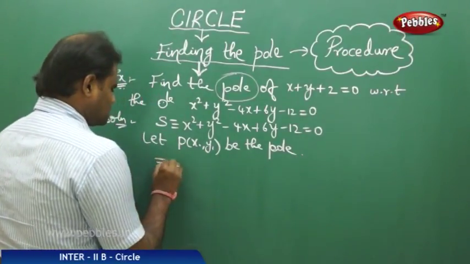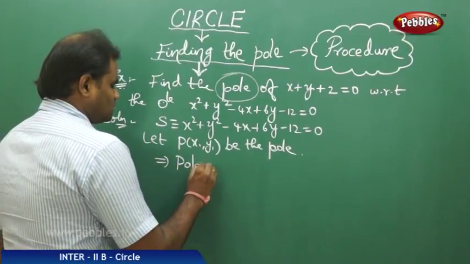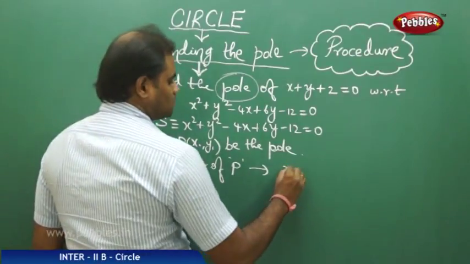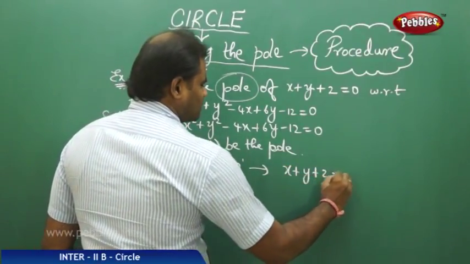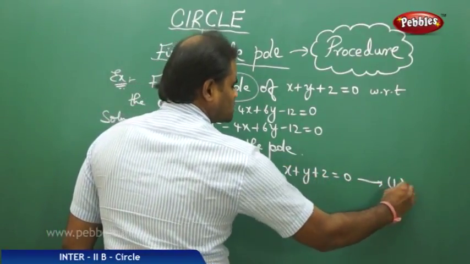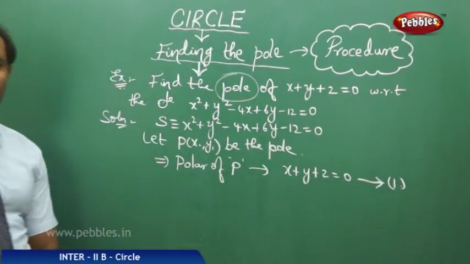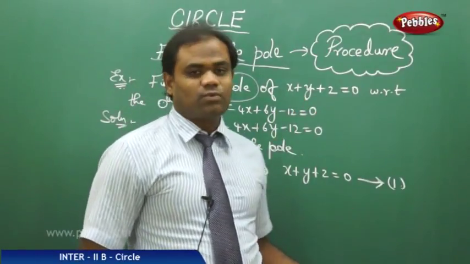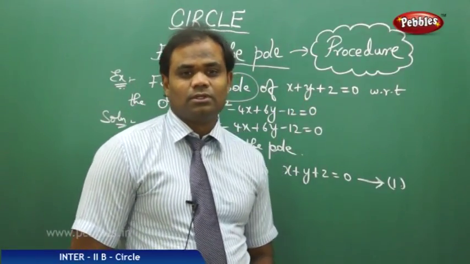It implies the polar of P is given to be x plus y plus 2 equals 0, which I take as equation 1. Now the polar of P is already given to be the line x plus y plus 2 equal to 0.